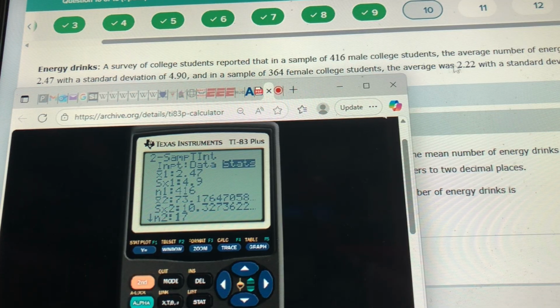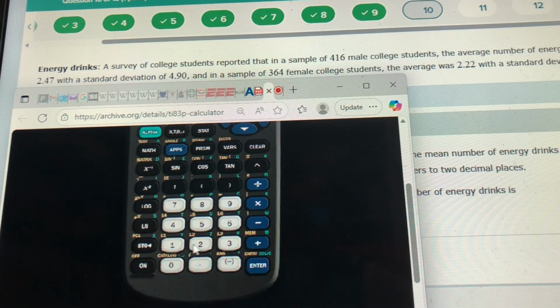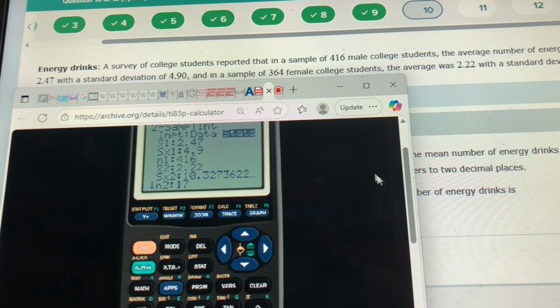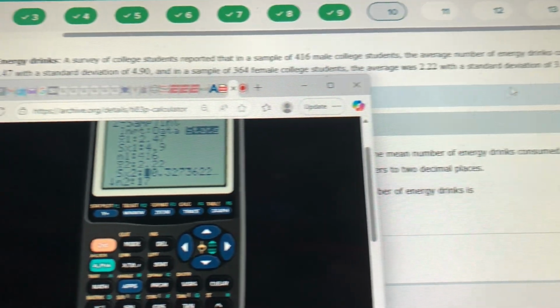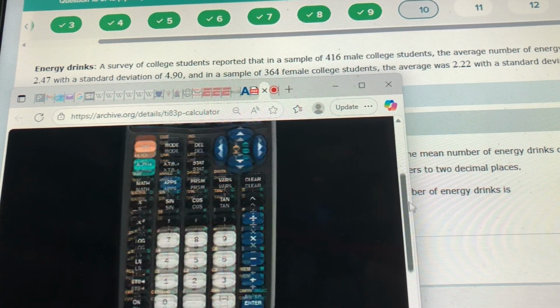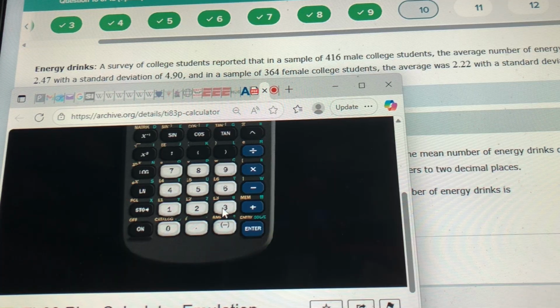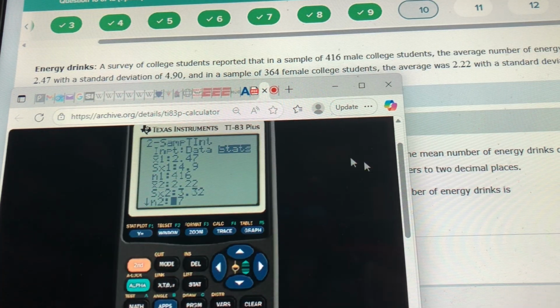Then the second sample average was 2.22, which doesn't seem to be all that far away from 2.47, but maybe that is a significant difference. The second standard deviation is a little off the screen here. It's 3.32, and they had 364 in their sample.